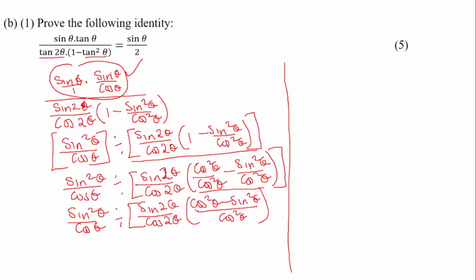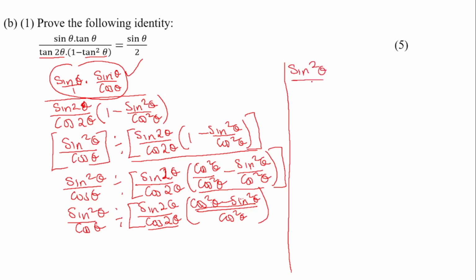If you check this part and this, it's just one thing, isn't it? Remember, cos 2 theta is cos squared theta minus sine squared theta. So it's either we change cos 2 theta to cos squared theta minus sine squared theta, or we change cos squared theta minus sine squared theta to cos 2 theta.